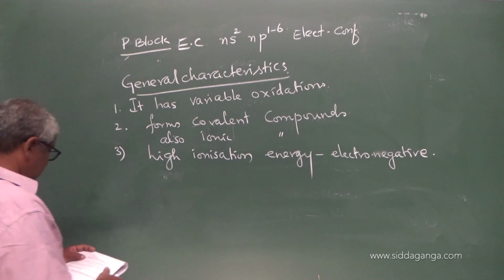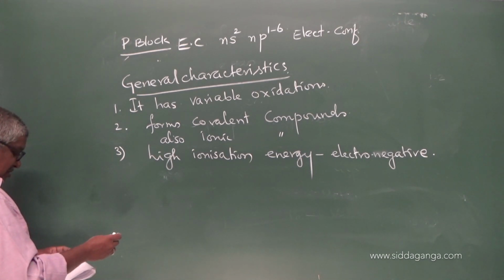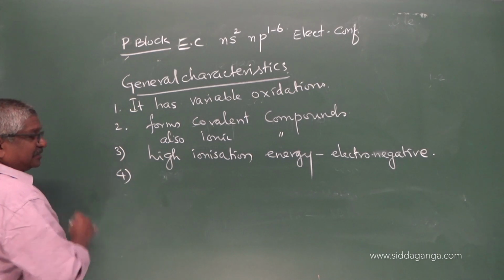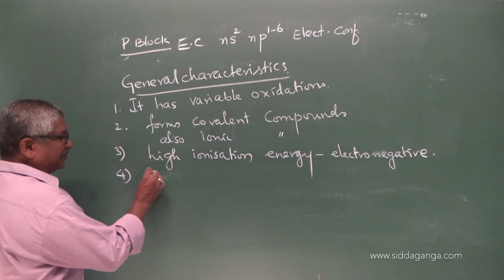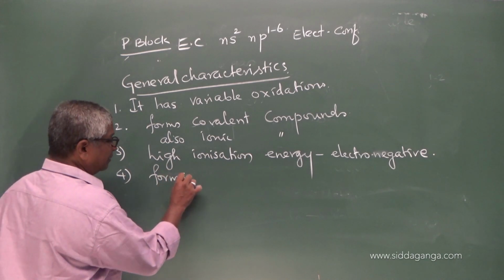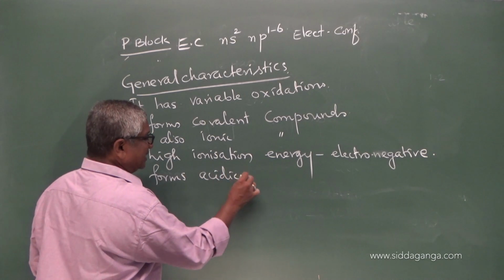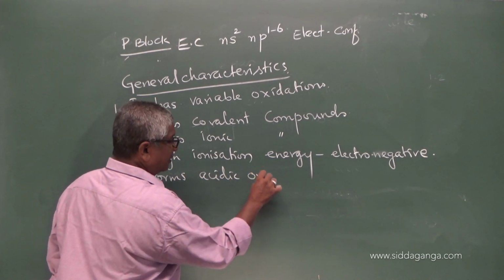Next, these P block elements form acidic oxides.